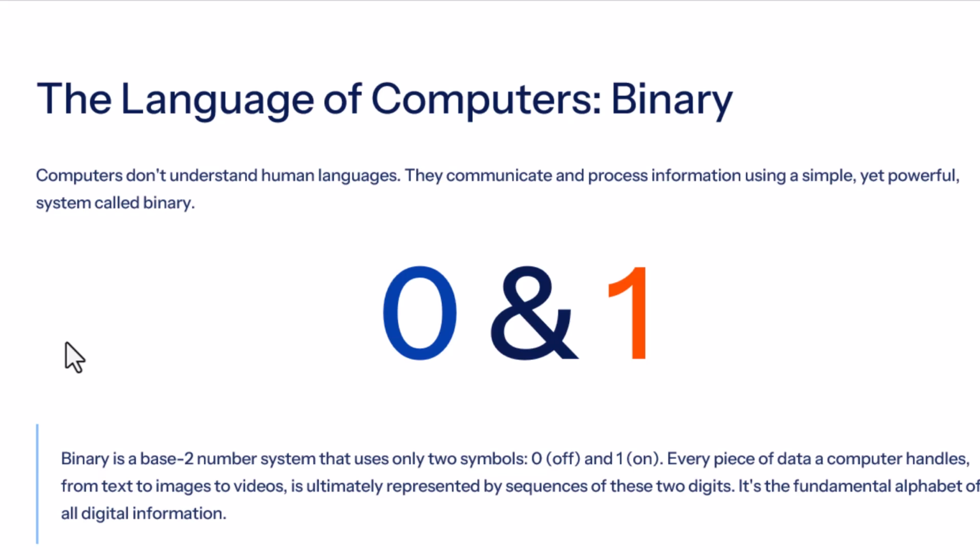Remember, binary is base 2, and that is why we have the 0 and 1. Simply, the 0 might mean off, and the 1 on. But remember, binary is a number system.